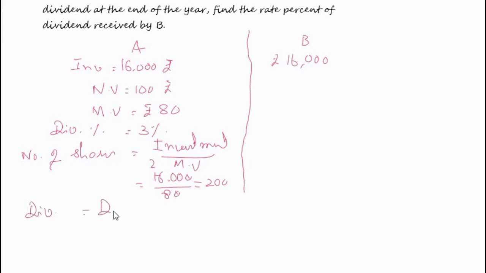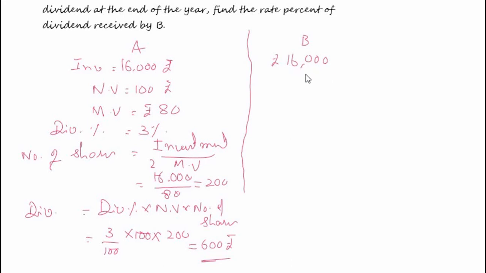Dividend is equal to dividend percentage into NV into number of shares. So dividend percentage is 3 by 100, NV is 100, into number of shares, which is 200 here. So 100 cancels here. So the dividend is rupees 600.